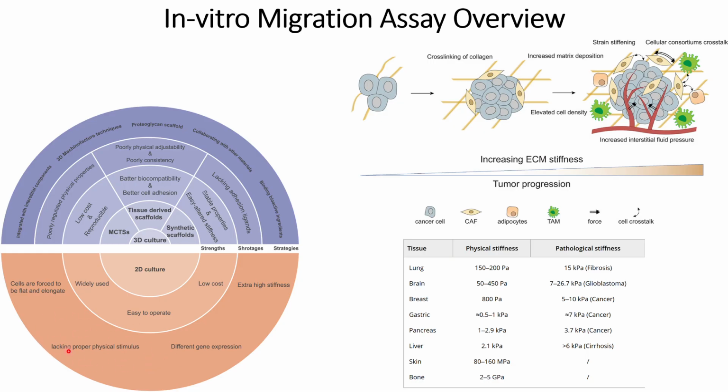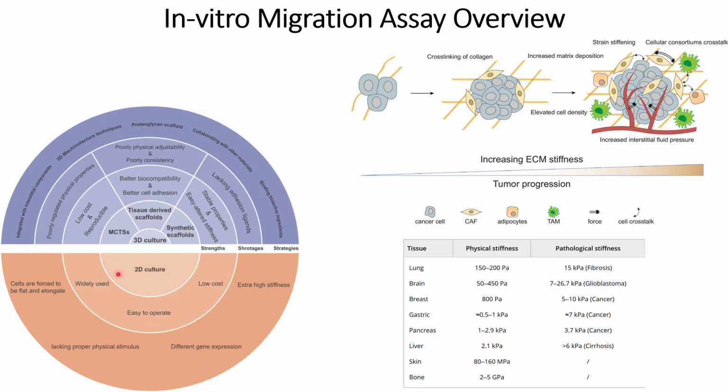It also lacks the proper physical stimulus. Since it does not provide a 3D environment, the 2D environment always lacks, to some extent, the physical stimulus that cells experience when surrounded by the tumor microenvironment from all directions.